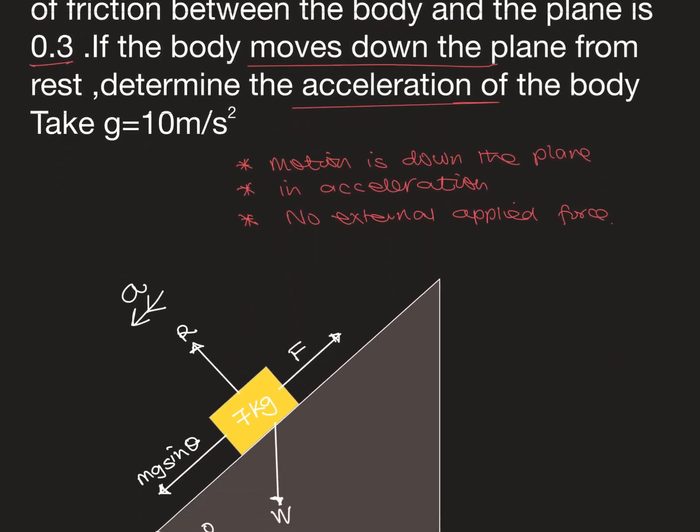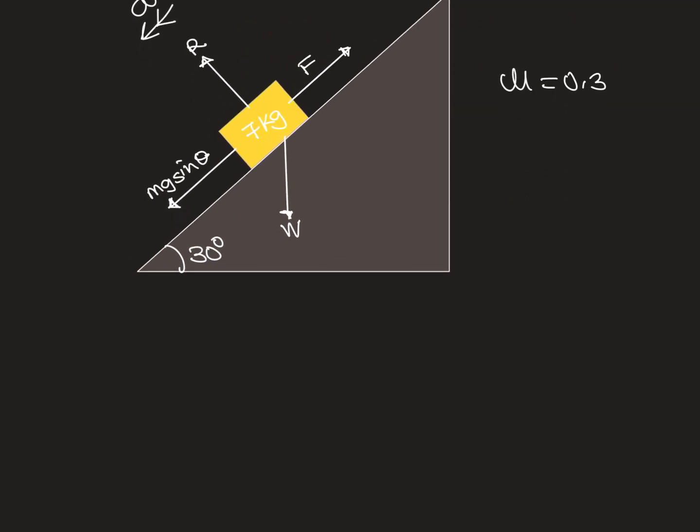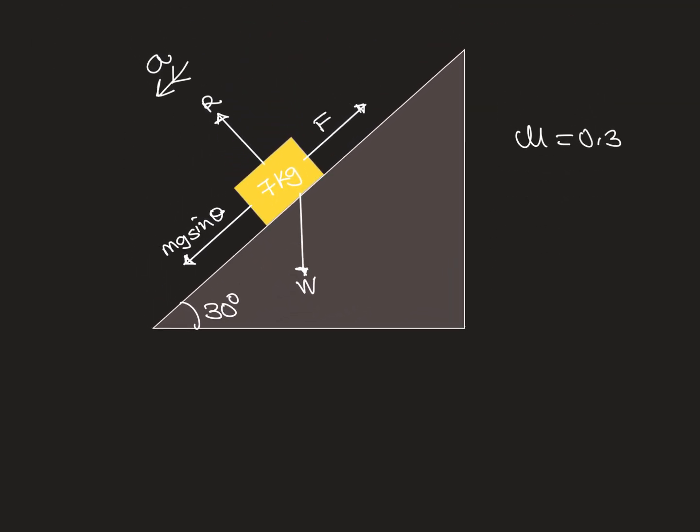So what is the coefficient of friction? It is 0.3. Remember, the motion is down the plane. So if there is motion down the plane, it means that mg sine theta should be greater than the frictional force for the body to be able to move down the plane with acceleration. So there is a net force.